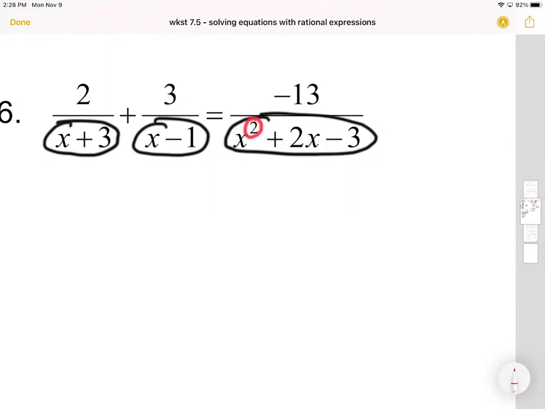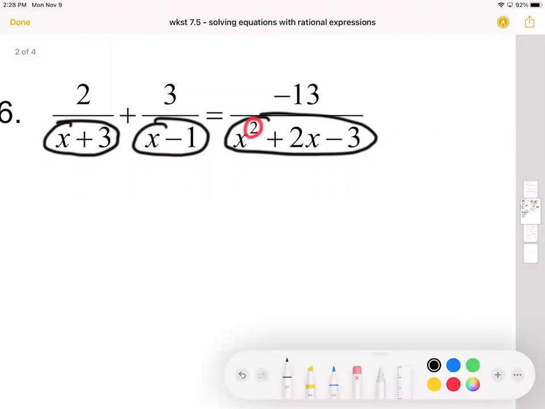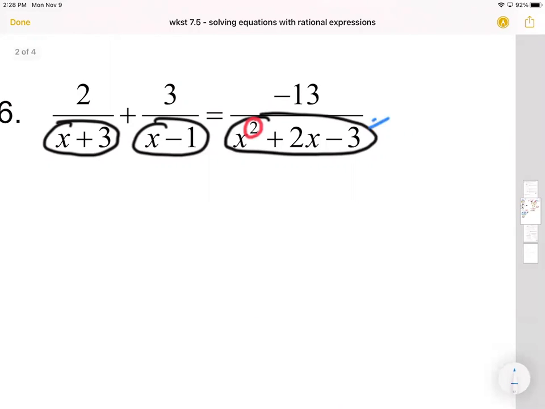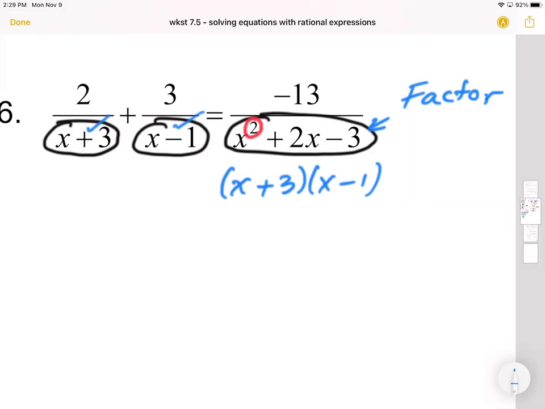And if there's an x squared, the first thing you need to do, before we can find the LCD, is factor the x squared expression. Hopefully you see that the factor of this item here will be x plus 3, x minus 1, because there are two numbers that multiply to give you 3, but subtract to give you 2, which are 3 and 1. Mostly you guys see that this combination is the factor of that item.